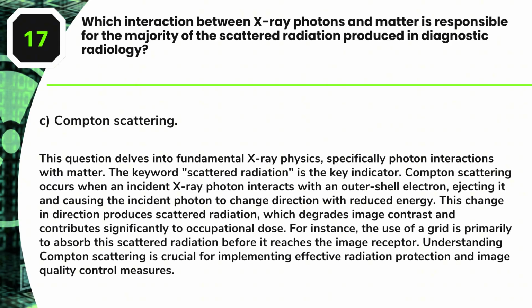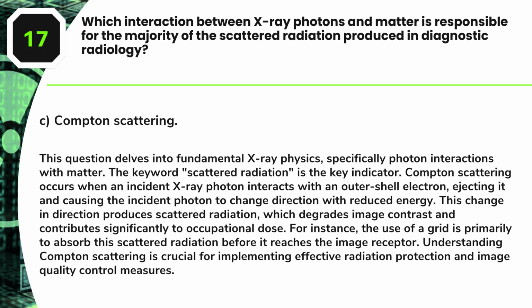Answer: C. Compton scattering. This question delves into fundamental X-ray physics, specifically photon interactions with matter. The keyword scattered radiation is the key indicator. Compton scattering occurs when an incident X-ray photon interacts with an outer shell electron, ejecting it and causing the incident photon to change direction with reduced energy.